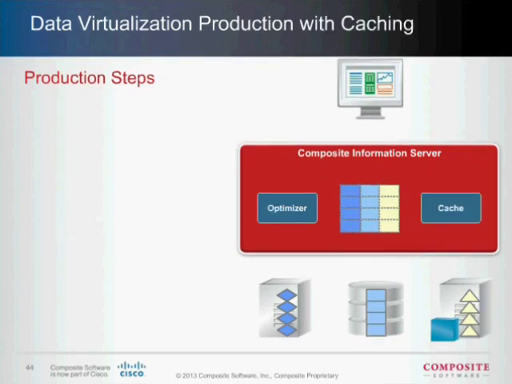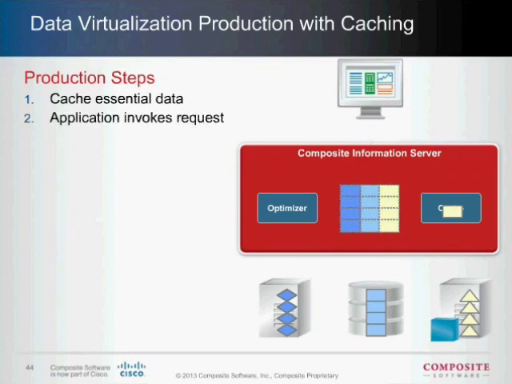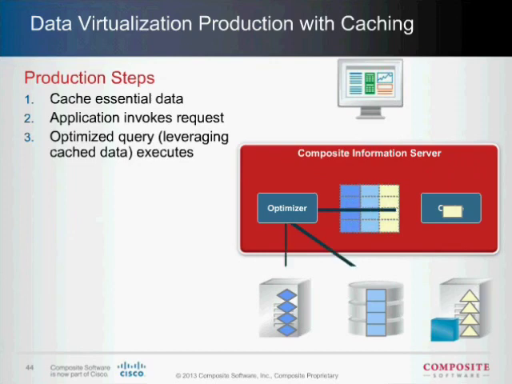Now, there are times when doing that kind of data integration on the fly just isn't going to make sense. And so there's another part of data virtualization that is a caching infrastructure that allows you to pre-stage data. In the caching infrastructure, some of the data is pre-materialized into a cache, and then at runtime, when the application makes a query, that query gets sent to the optimizer, and the optimizer realizes that some of the data is in the cache and can pull that data from the cache instead of from the original source.